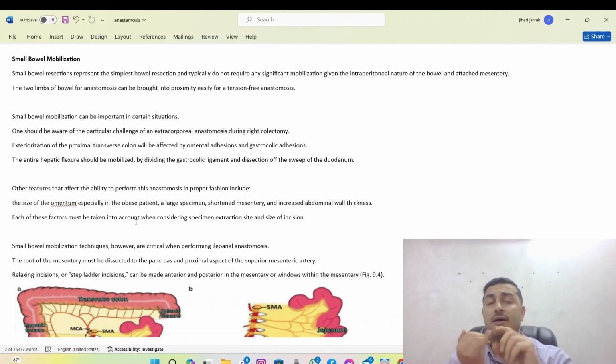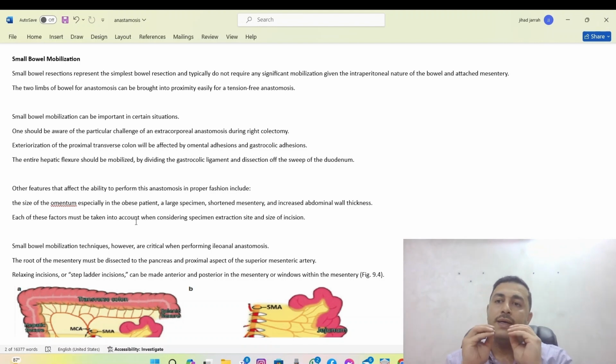For example, if I'm going to do a right hemicolectomy, I need the ileum to reach the transverse colon. Or if I'm going to do an ileal pouch anal anastomosis, the ileum should reach the anus. So I need some special technique to construct a tension-free anastomosis.